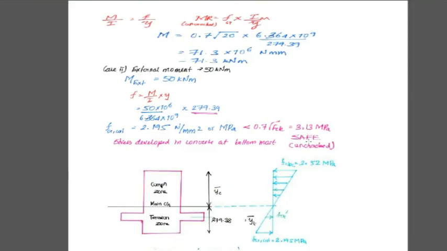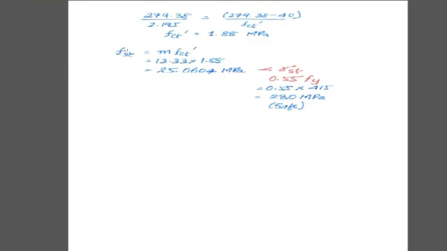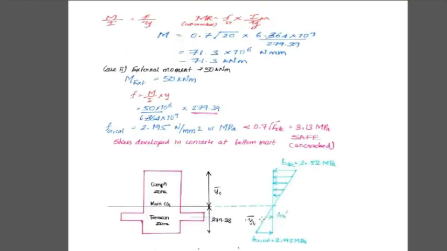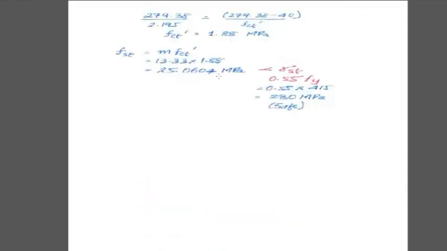So the section is safe, and the value of Fst we have to find is m into Fcd dash. So here we have to find the value of y bar minus Fcd equal to y bar of the transformed section divided by Fcd dash. Here Fcd dash is nothing but the stress in the portion where the transformed section occurs. So we find it with the help of this: y bar minus Fcd equals y bar of the transformed section divided by Fcd dash, and Fcd dash is 1.88 MPa.